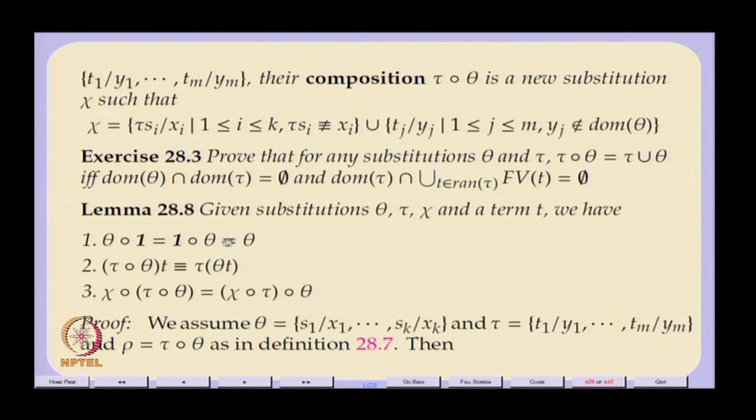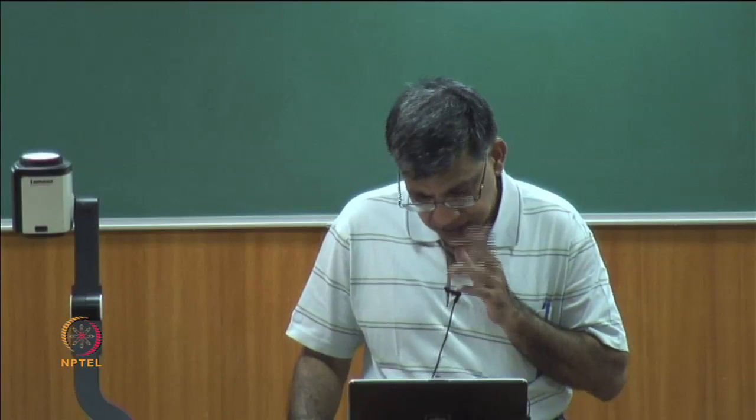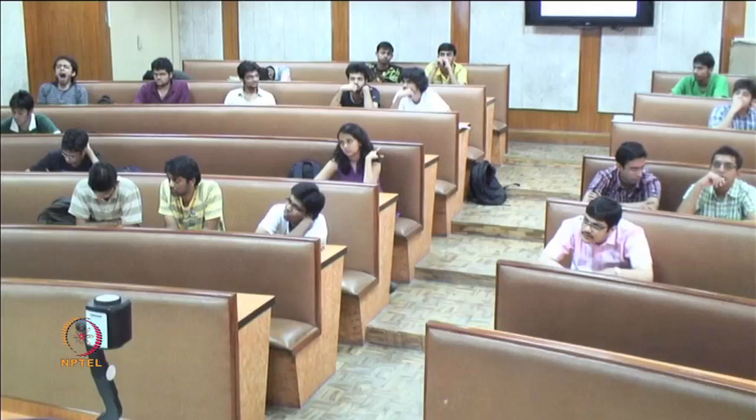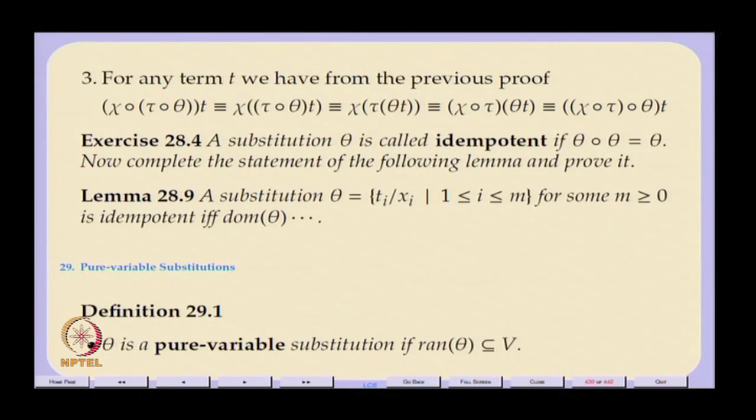Notice that I am making a clear distinction between the monoid equality and syntactic identity. Most books do not do that, and it makes it quite confusing sometimes. So they form a monoid, and then there is a notion of pure variable substitution.